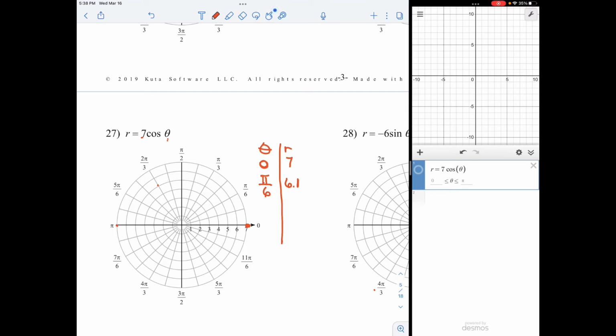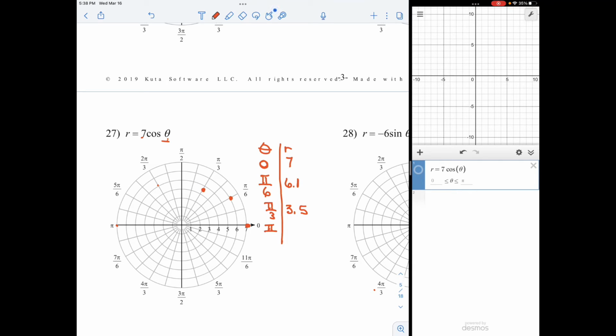I know we need to go 3 places behind the decimal if this was the AP calculus test, but since this is just an estimate, I'm going to estimate pi over 6 at 6.1. When I do pi over 3, the cosine of pi over 3 is 1/2, so that'll be 7 times a half, which would be 3.5. So I'm going to go to pi over 3, and then I'm going to go to 3.5.